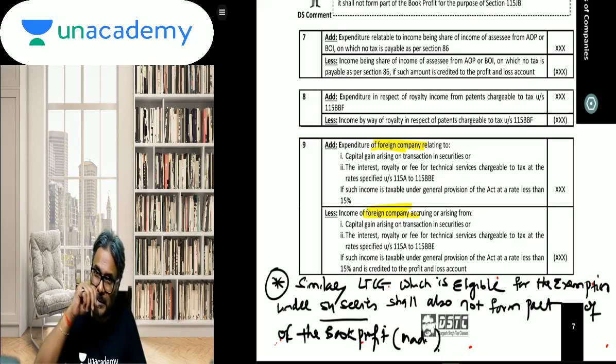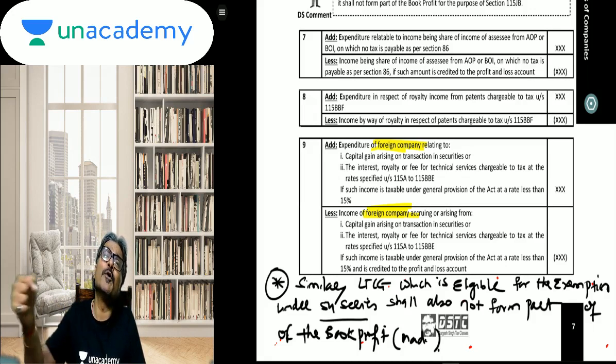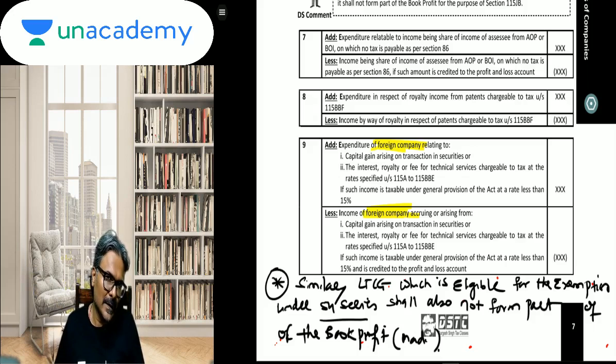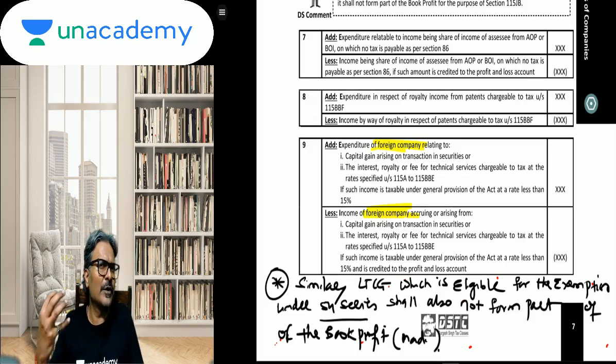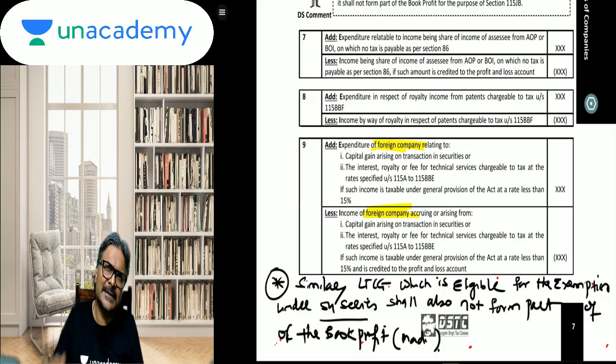Let's take situation number 2. I, meaning a company, am a member of the AOP. Now, if a company is a member of an AOP, students, the AOP is taxed at MMR.